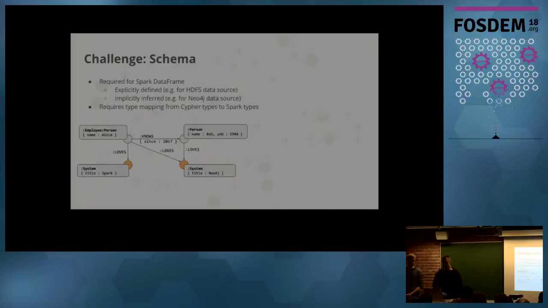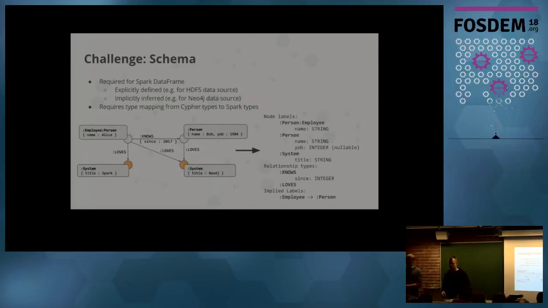And for example, if you look at this graph here, I hope you can see some of it. It's not that complicated, just two persons that know each other, and they love different systems. And for that example, a schema would look like this. You have the node labels, for example, person. And a person has two properties, name, which is of type string, and year of birth, which is of type integer. And it's nullable because not all persons have the year of birth property key.